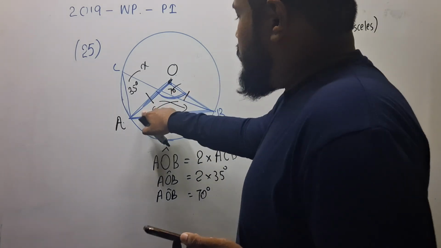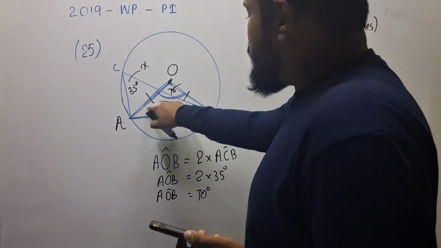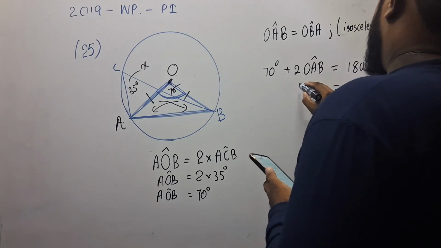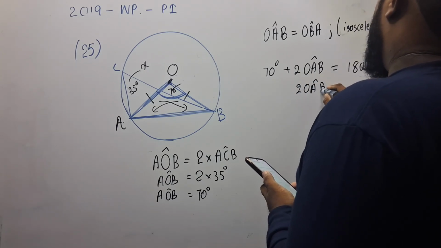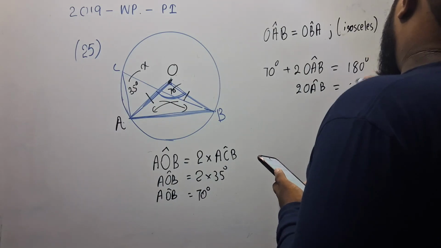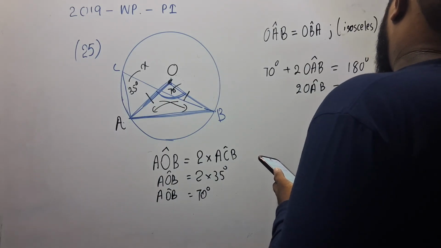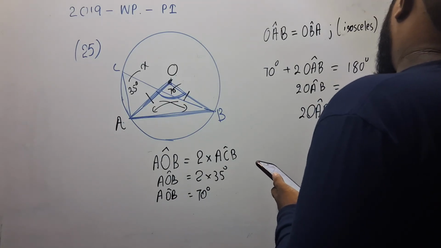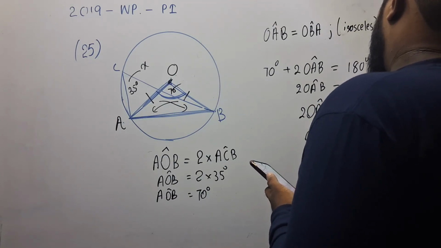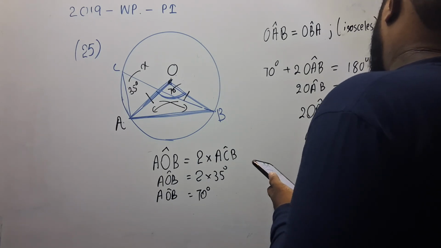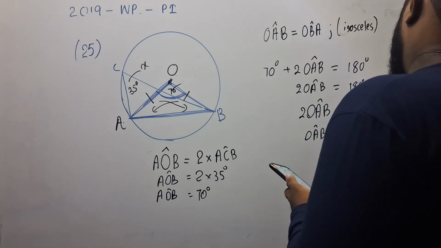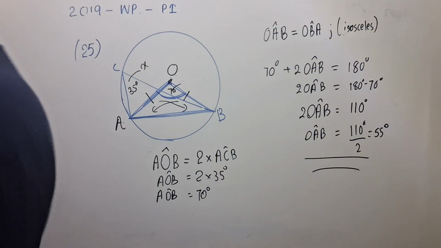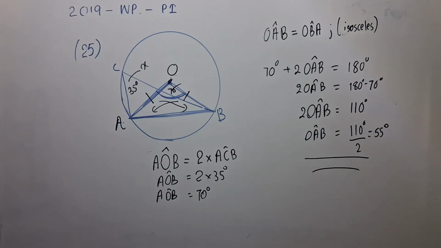Without writing 70 plus OAB plus OBA, I wrote 70 plus 2 OAB equals 180 degrees. 2 OAB equals, this 70 goes to the other side, becomes 180 minus 70. 2 OAB is equal to 110 degrees. So OAB is 110 divided by 2, 55 degrees. So OAB is 55. Okay, that's the answer to the 25th question.